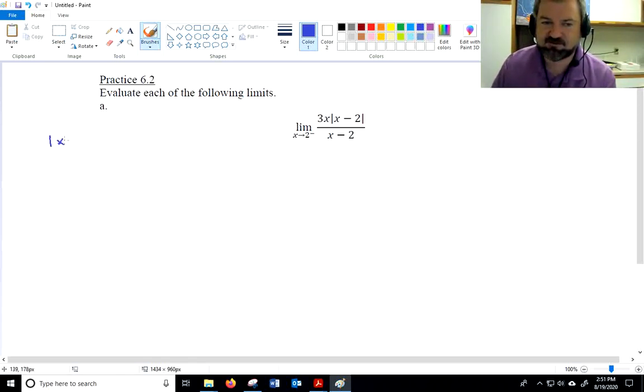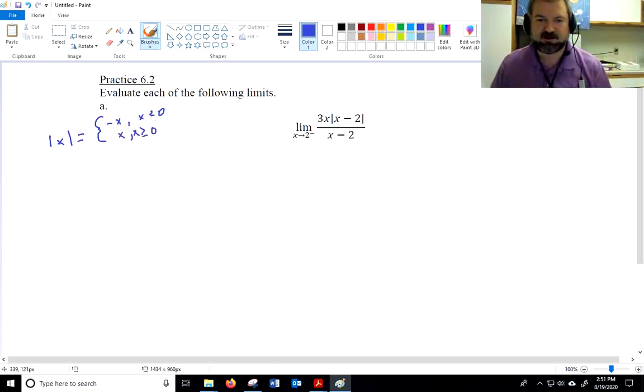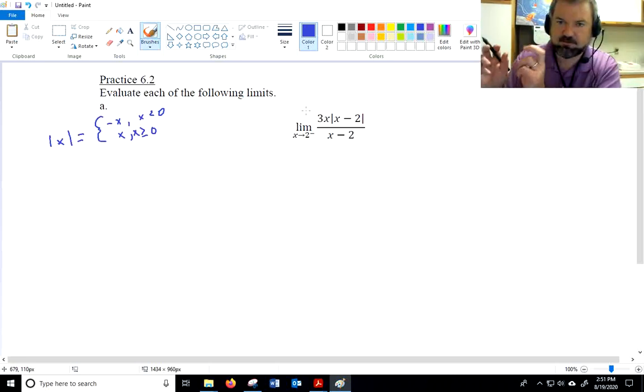The absolute value of x is defined to be negative x if x is less than 0, and positive x if x is greater than or equal to 0. It actually doesn't matter where I put the equal to sign there, because 0 doesn't matter if it's positive or negative. But you need to realize that this is not a quote unquote well-behaved function.